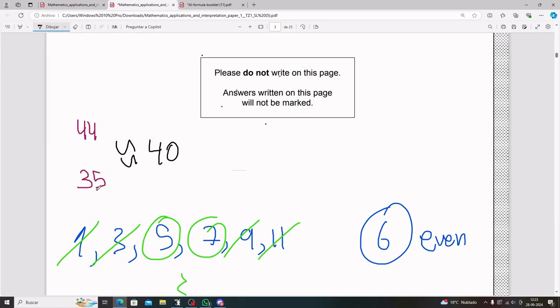Because 35, you look at the 5, you say it's 5 or above, you round it up, you end up with 40, ¿cierto? Or for the 44, you say it's below 5, so you round it down, you end up with the 40. So, in this case, what you have is 1.98.